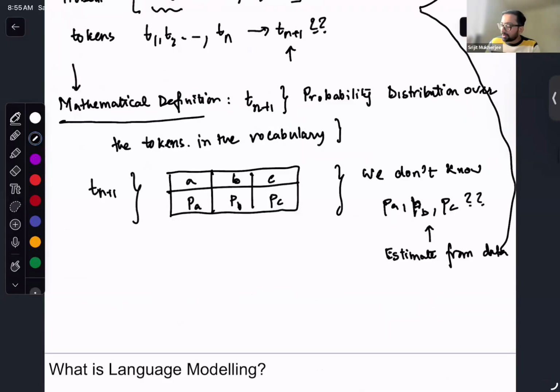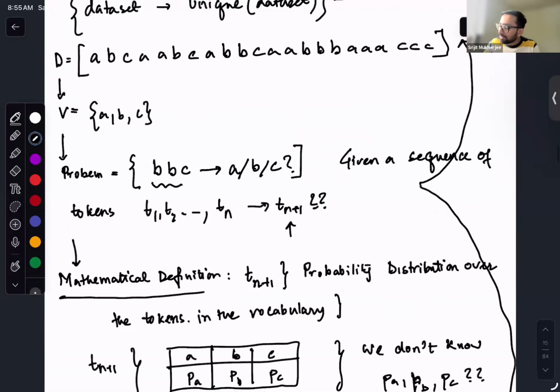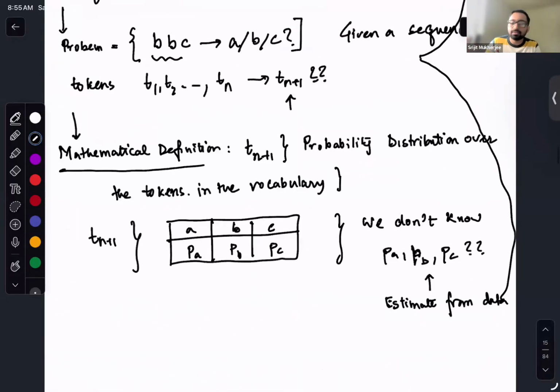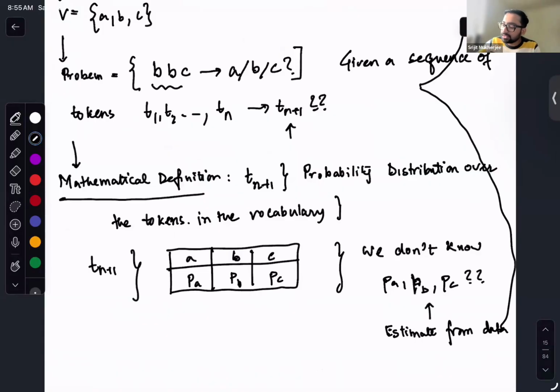So our goal is, therefore, given this sequence, to find the probability distribution, the probability of Tn plus 1, given that you have this data set, or you have the past 3 tokens. What will be the next one? Let's ask a simpler question.